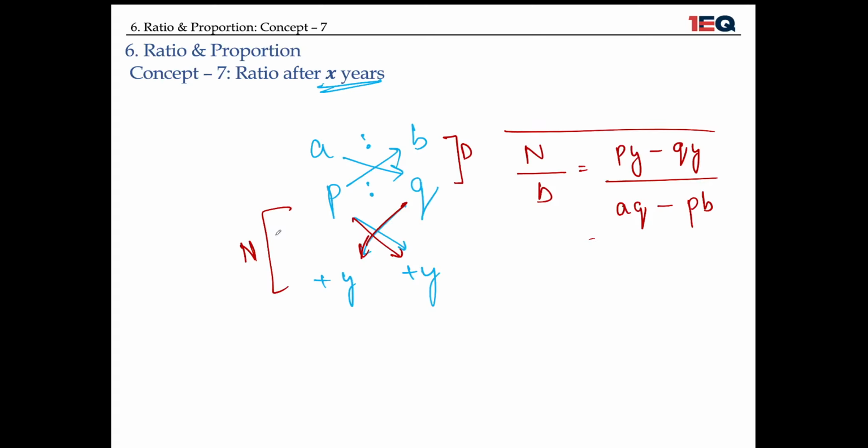And that is how we'll be solving all such questions. Okay, so let's go. A is younger than B by 8 years. If 4 years ago their ages were in the ratio 1 is to 2, then what is the present age of B?